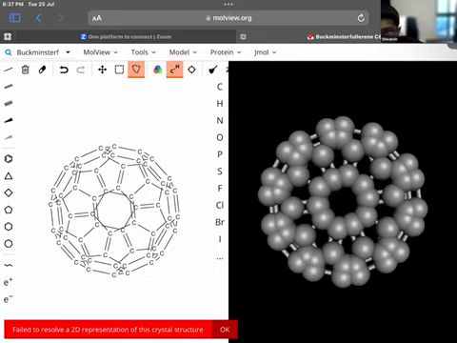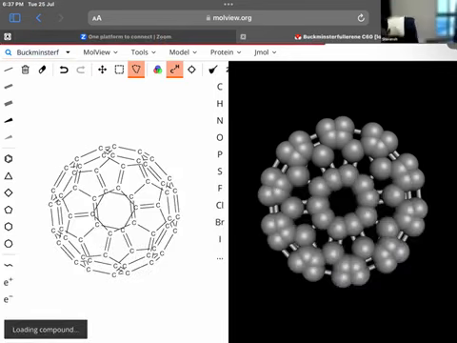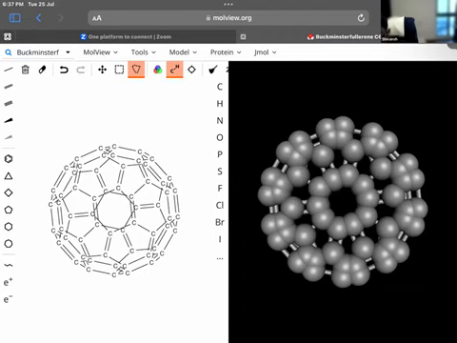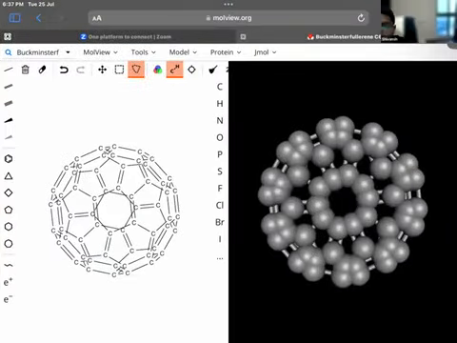Could you rotate this one? It says it failed to resolve a 2D representation of this crystal structure. Could you rotate the 3D for this? I am not able to. Then share your screen.